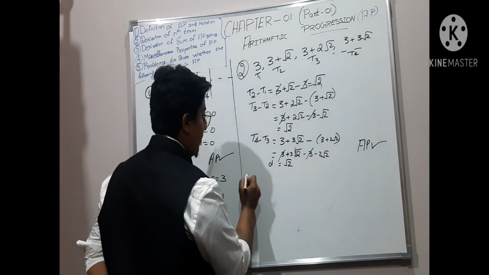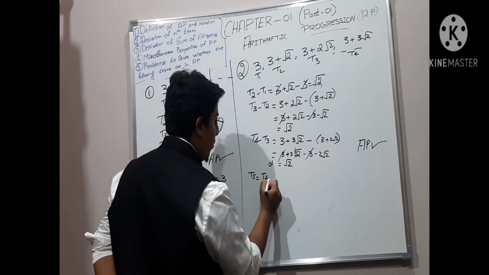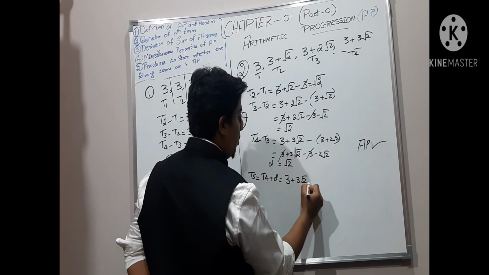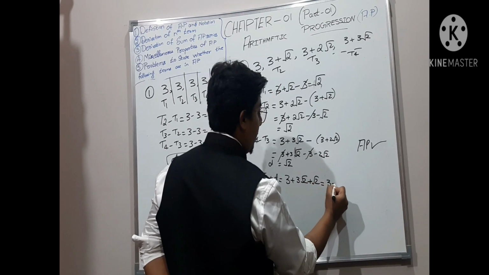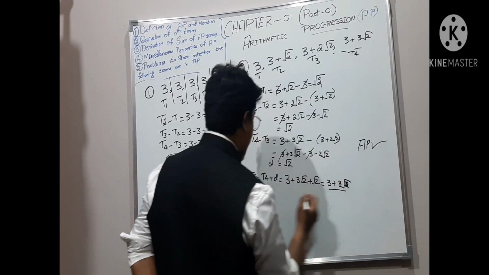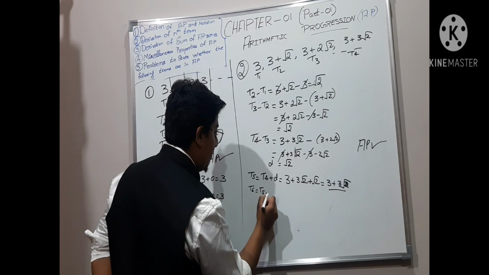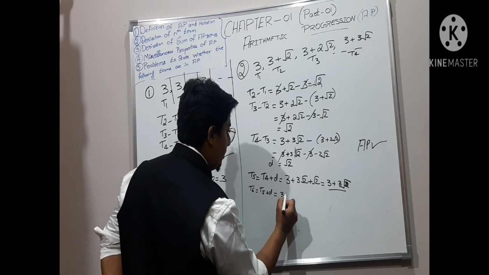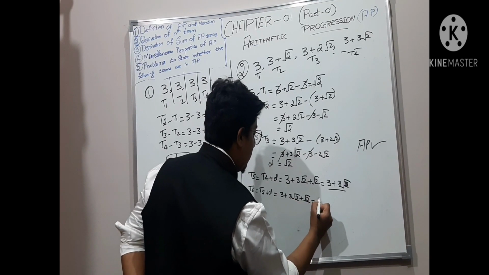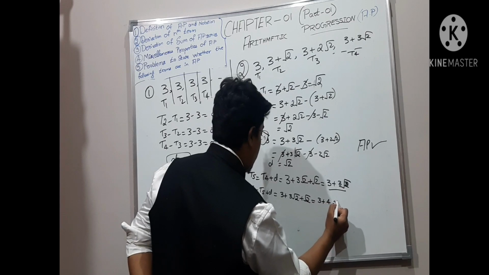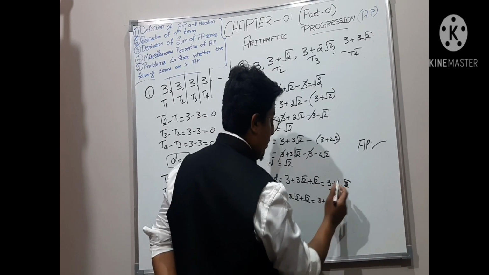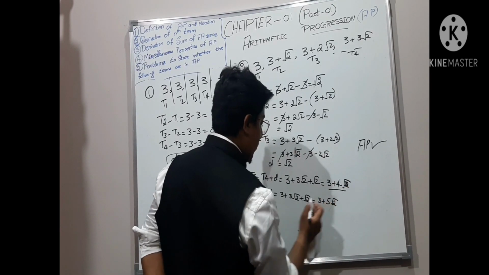We will find the next 3 terms. T5 is equal to T4 plus D. T4 is 3 plus 3 root 2, plus root 2, we get 3 plus 4 root 2. T6 is equal to T5 plus D, which is 3 plus 4 root 2 plus root 2, equal to 3 plus 5 root 2.